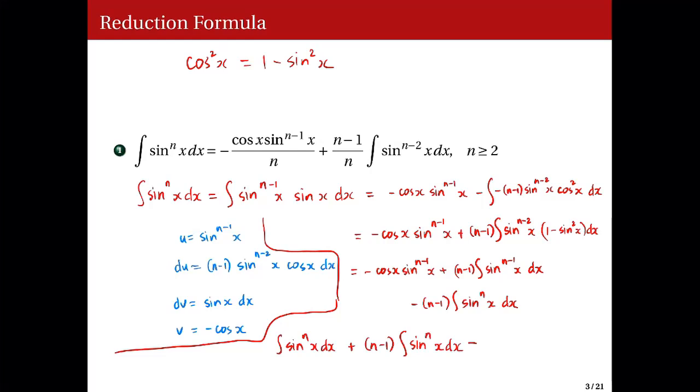And therefore, you will have equals minus cosine x sine raised to n minus 1 x plus n minus 1 integral of sine to the n minus 2. It should be minus 2 in here. Sine to the n minus 2 x dx. So this guy here should be n minus 2.